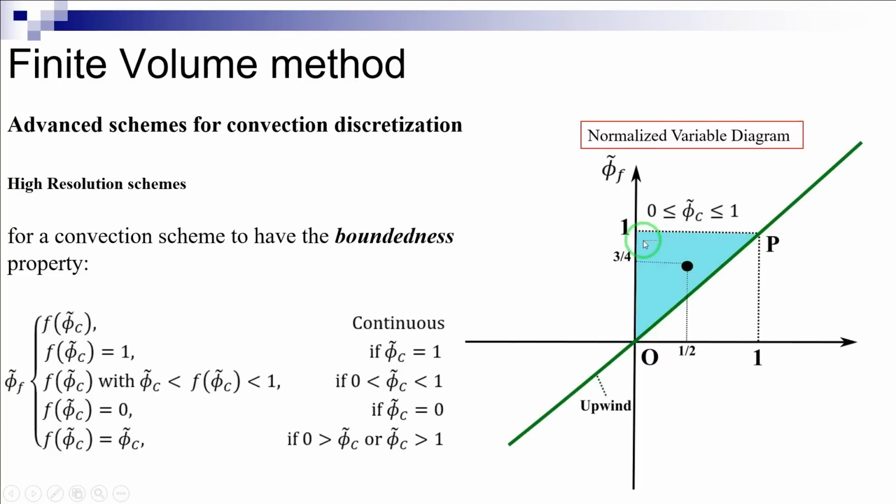Additionally, in the non-monotonic range, i.e. for phi tilde c larger than 1 and less than 0, the profile should follow the first order upwind profile. A number of well-known high-resolution schemes have been developed in this manner, such as SMART and MUSCL, which can be found in the literature. This is the end of this video.